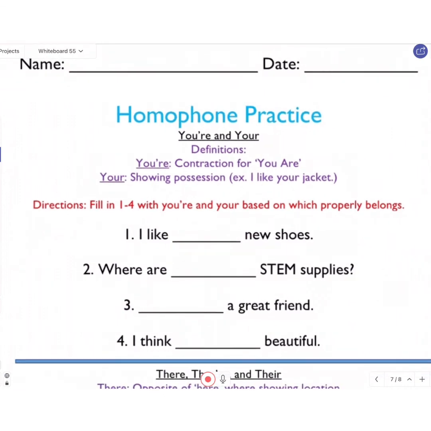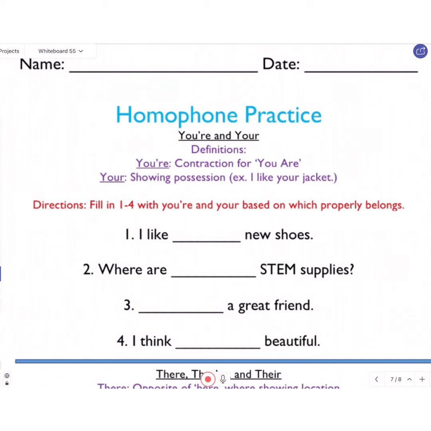So you can see the definitions of your, this first one here, Y-O-U apostrophe R-E is a contraction for you are. How I remember this is I always try to replace the sentence with you are. If I can replace it with you are, then I know it should be the contraction. If I cannot, then I know it shouldn't be.